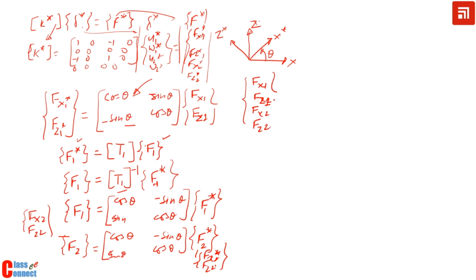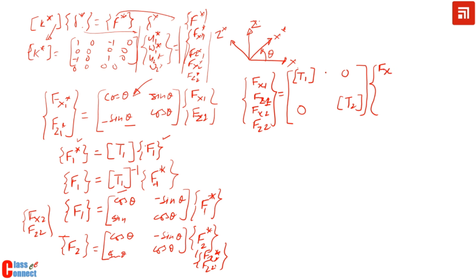This will be equal to the transformation matrix, here the transformation matrix for node number 1. But because the transformation T1 is equal to T2, I can directly write down even T. To make it understandable to you, I am using node 1 and node 2, but the transformation matrix will remain the same whether we refer to node number 1 or node number 2 of a particular element.